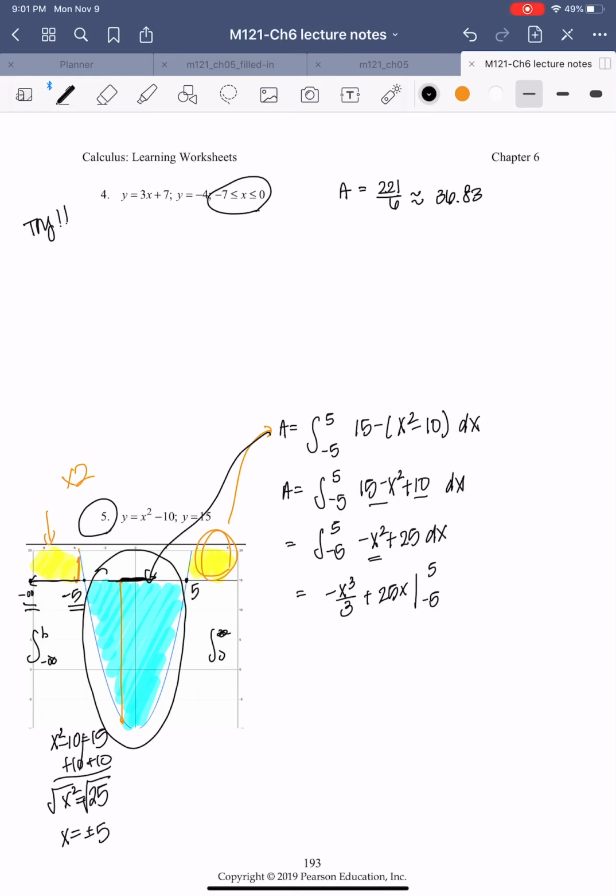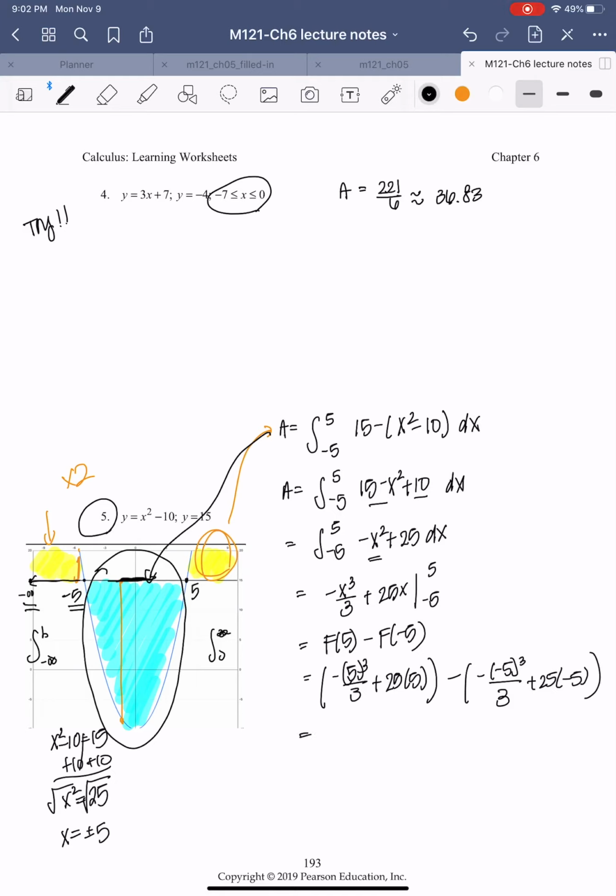Okay, so we have the fundamental theorem of calculus. Plug it in. I have -5 cubed over 3 plus 25 times 5, and then minus, -5 cubed over 3 plus 25 times -5.